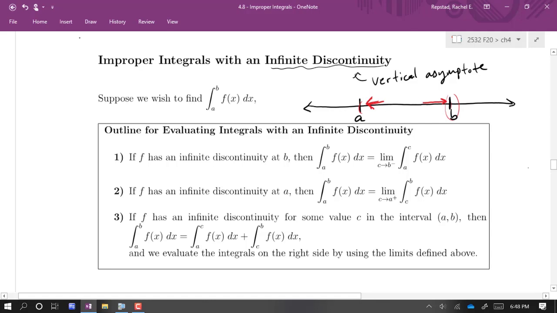Now, let's say there's an infinite discontinuity somewhere in between, right? Somewhere inside, not at one of the actual limits, say at some value c. What we do then is split up the integral.